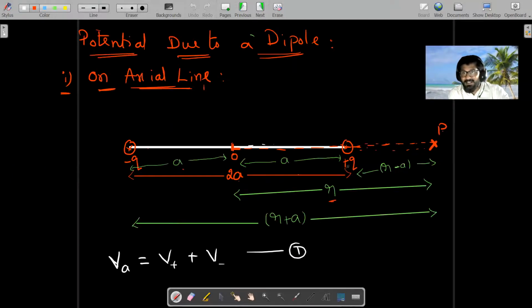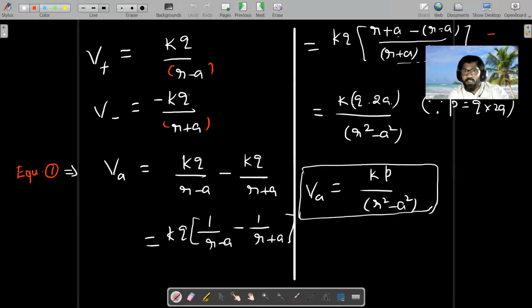The distance of the positive charge from the point is r minus a, so kq by r minus a. Whereas the potential due to the negative charge is k into minus q by its distance r plus a, so we can write it as minus kq by r plus a. Is it clear? Now let us substitute these values in equation 1.